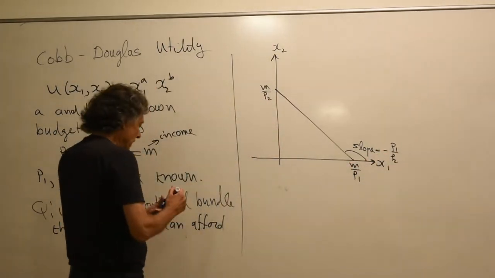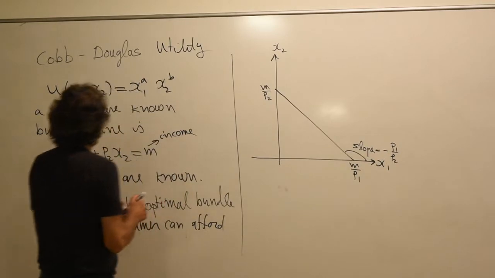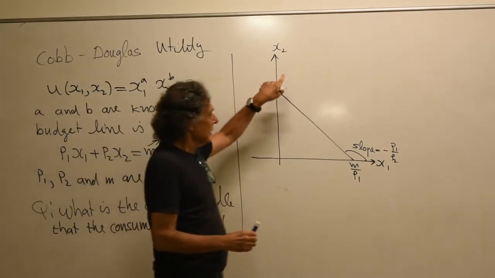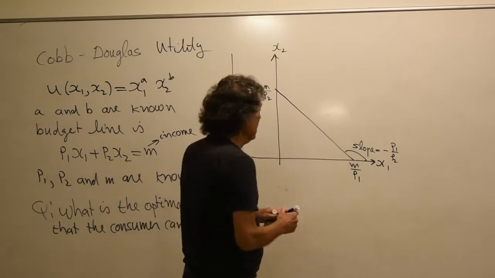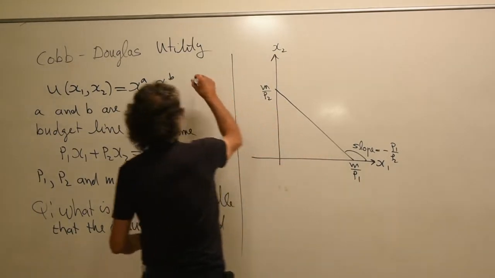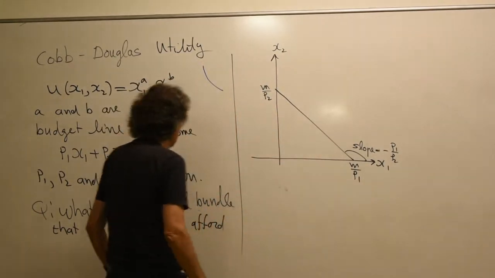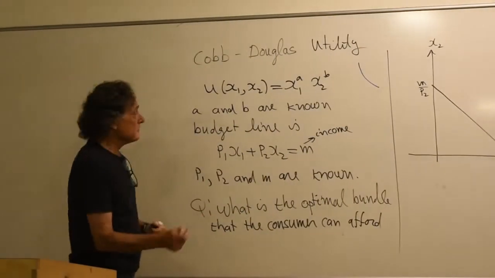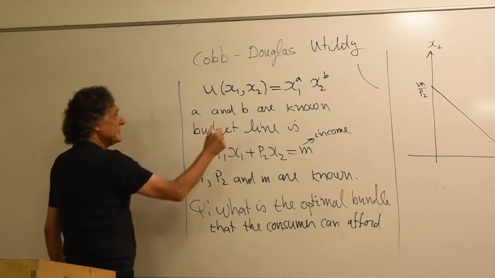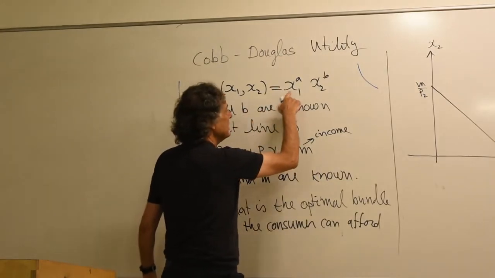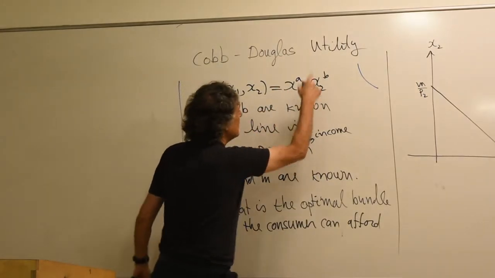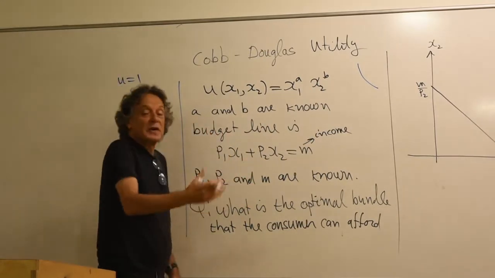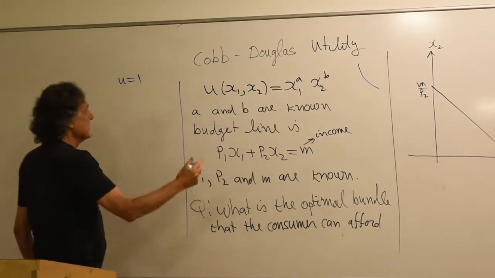Okay, now if you look at the indifference curves, they look like they have this shape. By the way, let's confirm it. Let's say that I want to find out when the utility equals 1. U equals 1, U equals 2, or 3, or 4, all of them will be very similar.